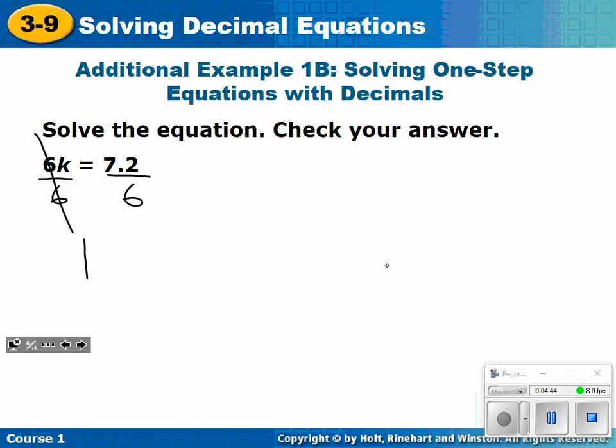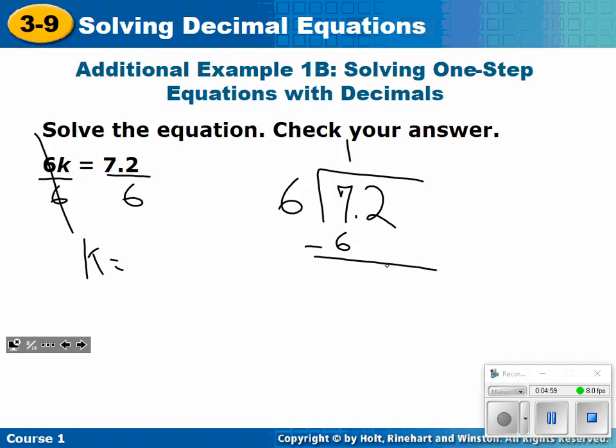That goes away. We're left with k equals 7.2 divided by 6. 7.2 divided by 6: 1 minus 6 is 1, bring it down, 12, 2 and a dot. 1.2. Cool.